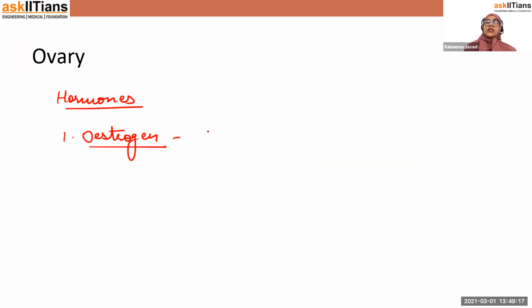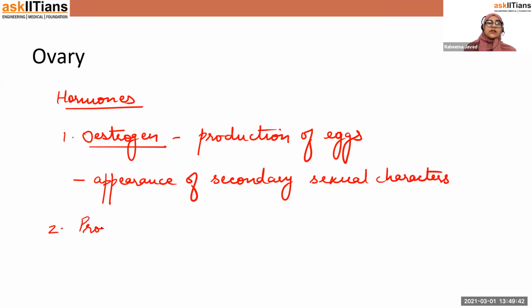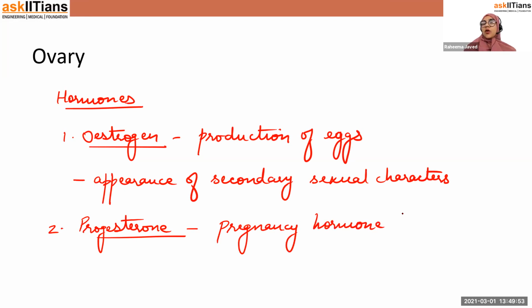Okay, estrogen is involved in the production of eggs inside the ovary, and also appearance of secondary sexual characters. Okay, second is progesterone. This is responsible for maintenance of uterus during pregnancy. That's why it is known as pregnancy hormone. Okay, so these are the two hormones.